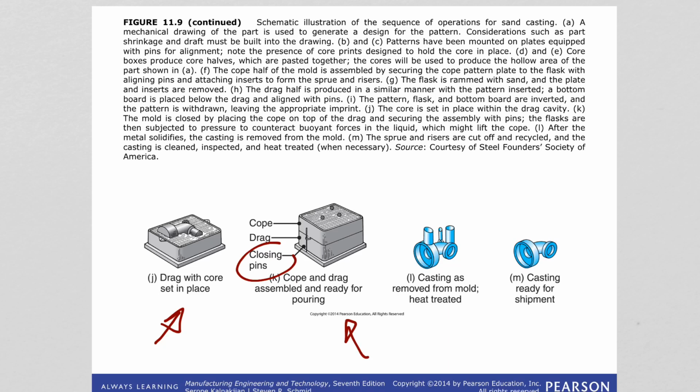After the metal solidifies, the casting is removed from the mold. The sprue and risers are cut off and can be recycled, and then the casting is cleaned, inspected, and heat treated if necessary.